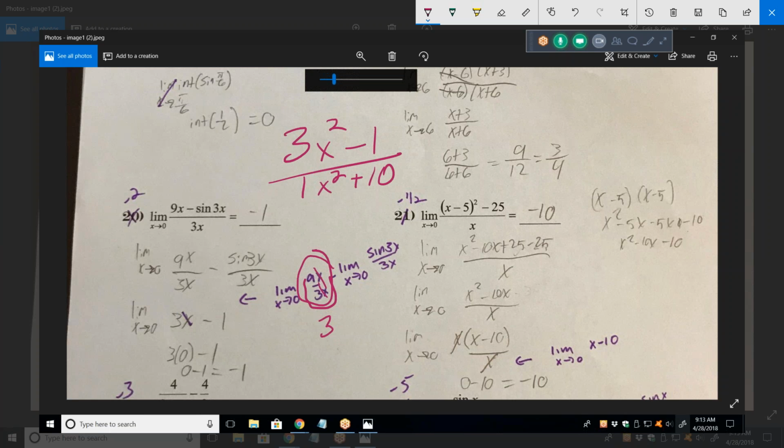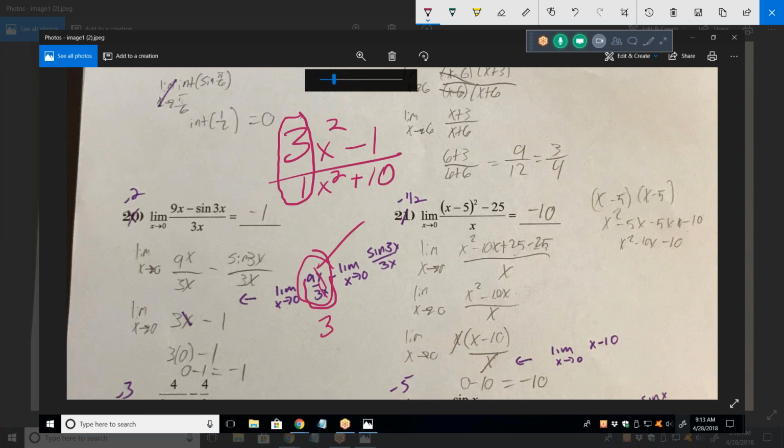It's a 3. It's the ratio of those coefficients because the power is the same. In other words, you always look at the highest power in the numerator and the denominator, and if they're the same, then the horizontal asymptote is at their ratio, 3.